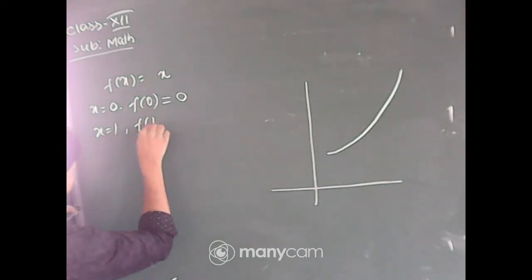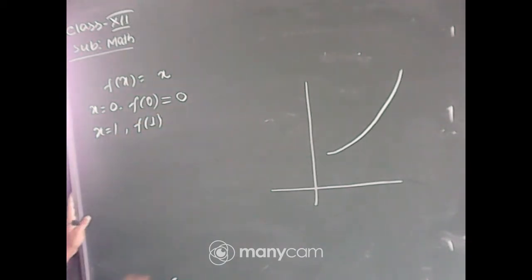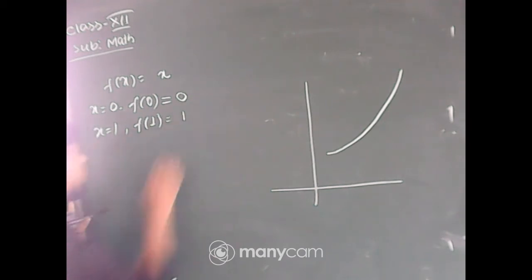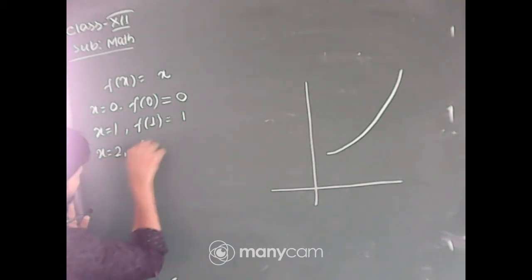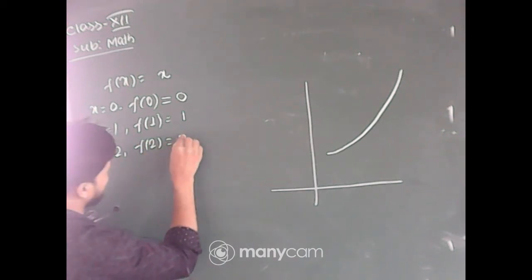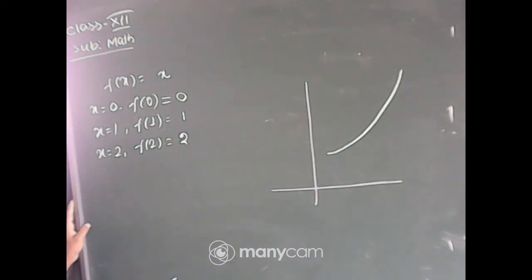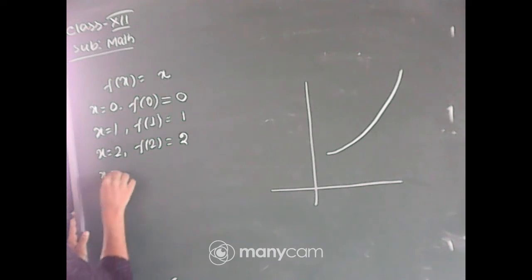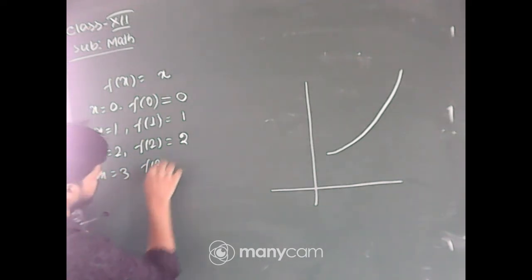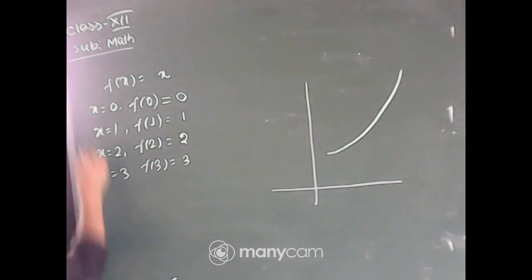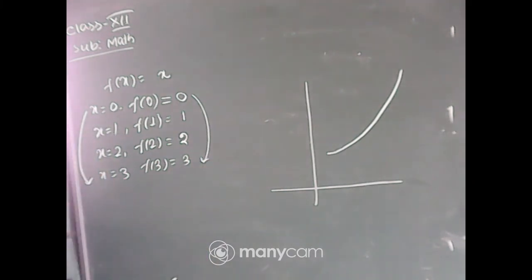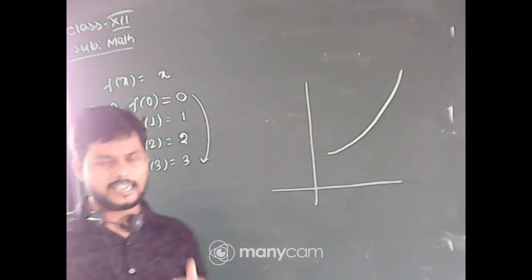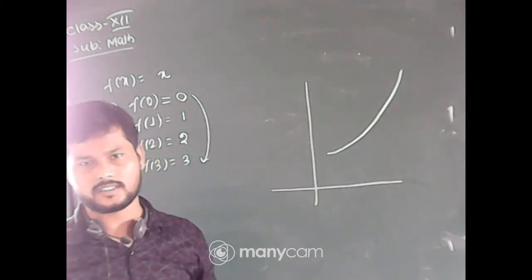So the value of the function at x equal to 1 will be 1. Now put x equal to 2, then the value of the function at x equal to 2 is 2. If we put x equal to 3, so f of 3 will be equal to 3. Now whenever we increase the value of x, the corresponding value of the function is increased. This type of function is known as increasing function.